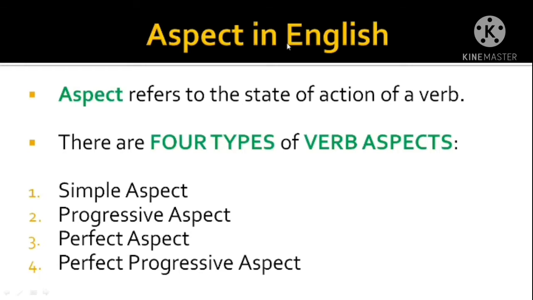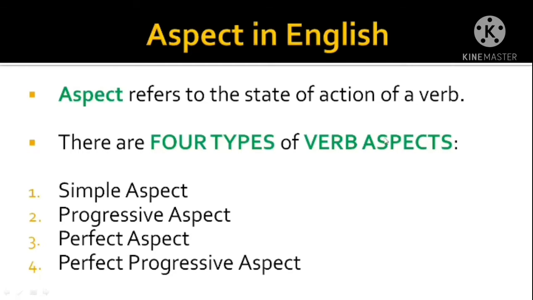Similarly, you have perfect progressive aspect. It means the present perfect continuous tense, past perfect continuous tense, and future perfect continuous tense. So this is how you need to correlate with all the types of tenses that you have studied in the course of your education.